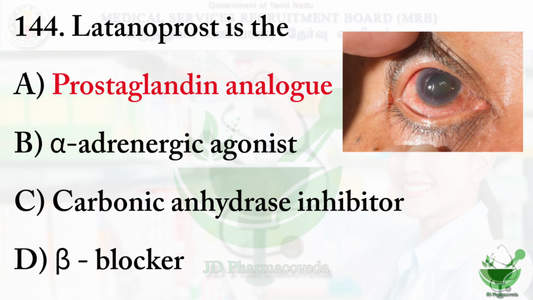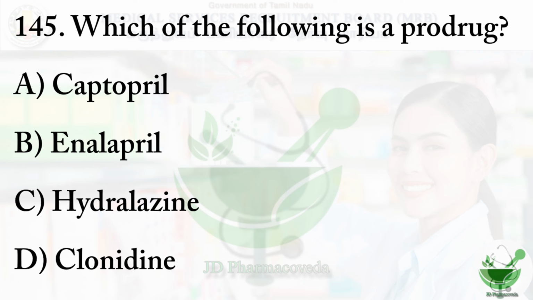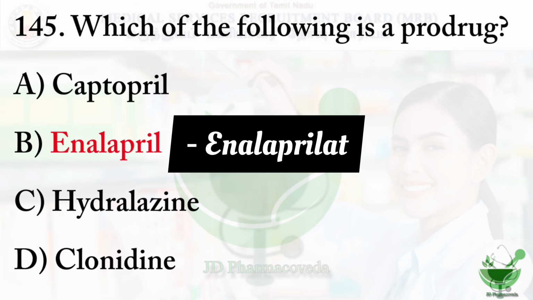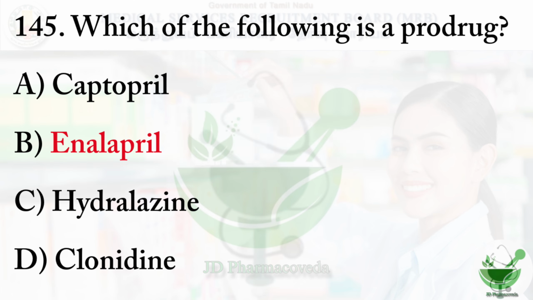Then question number 145, which of the following is a prodrug? Option A, captopril; option B, enalapril; option C, hydralazine; option D, clonidine. So the right option is option B, enalapril. This enalapril can be converted into an active form, enalaprilat. This question is asked in many types of exams.